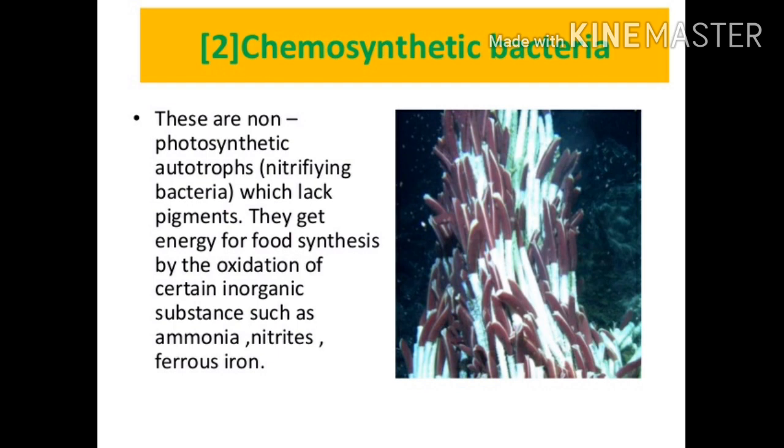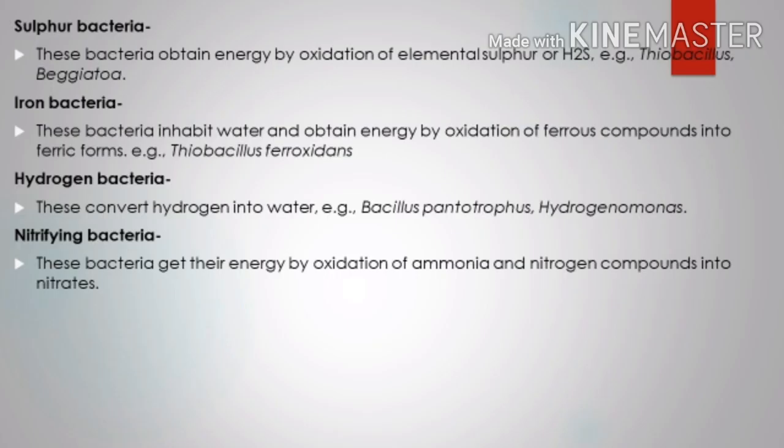These bacteria have certain names: some are the sulfur bacteria, some are the hydrogen bacteria, and some are nitrifying bacteria. These names have been given to them on the basis of the kinds of substances of which oxidation takes place. So see the first one, sulfur bacteria.